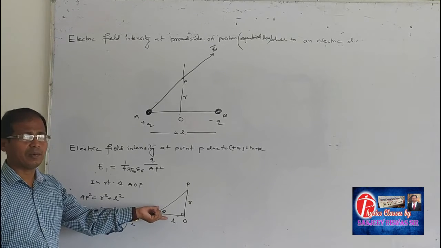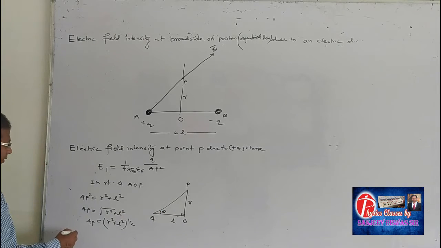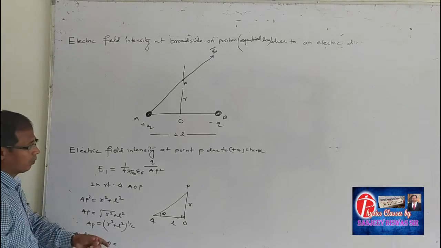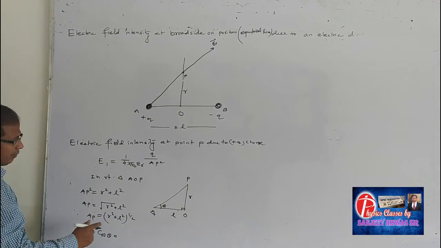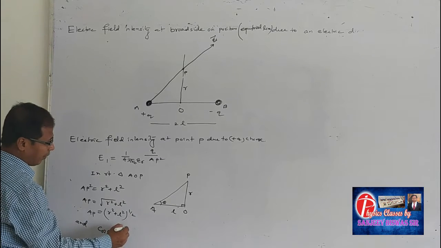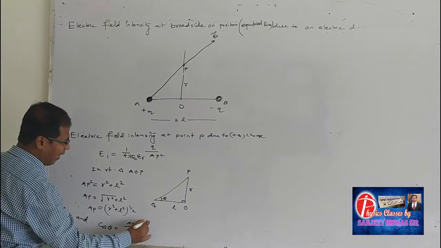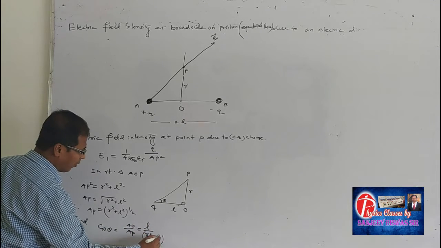Later we need the value of cos theta, so let us find it now. Cos theta is equal to base by hypotenuse, that means AO upon AP, that means L upon r square plus L square power 1 by 2.